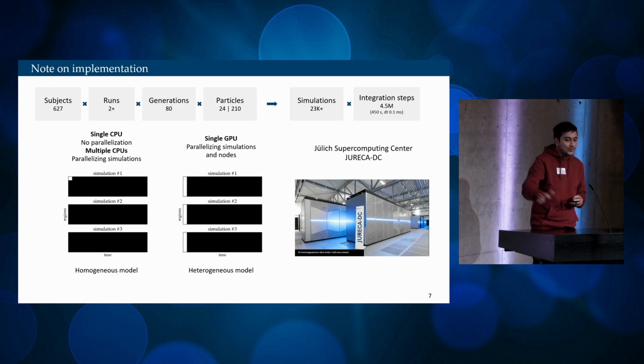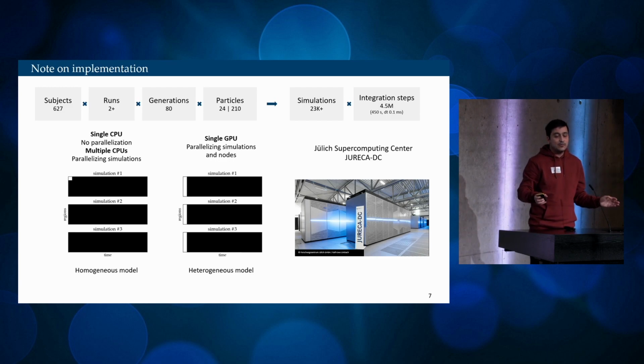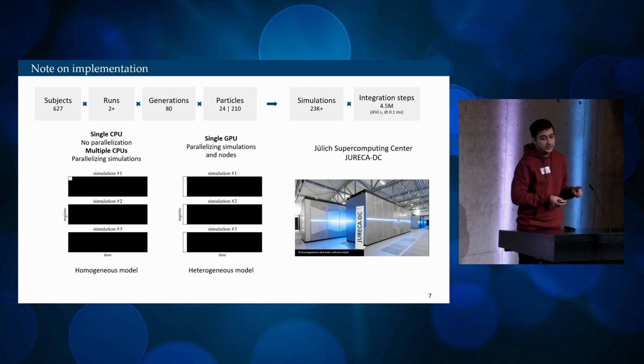Okay, so a quick note on implementation. Here we had to do a lot of simulations because we had many parameters and many subjects. It was crazy, the number of simulations that we had to do. And we wanted to have a very efficient implementation for the simulations. We came up with a GPU implementation of the simulations. And by the way, we did all of this on the Jülich Supercomputing Center.